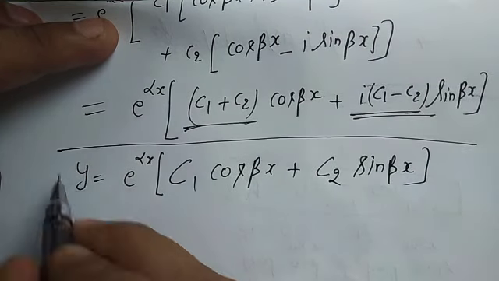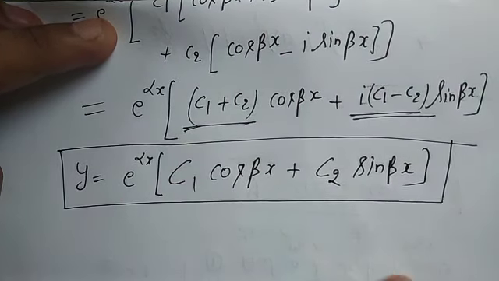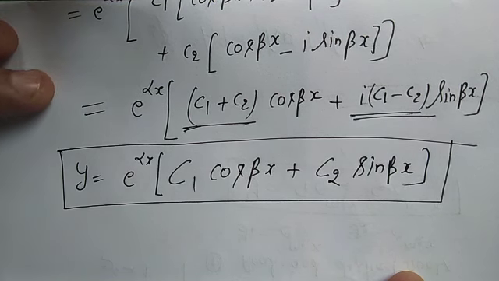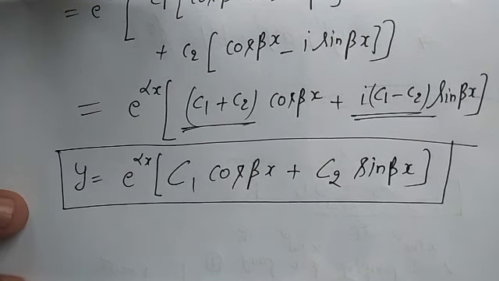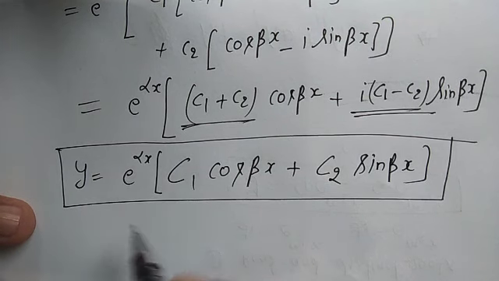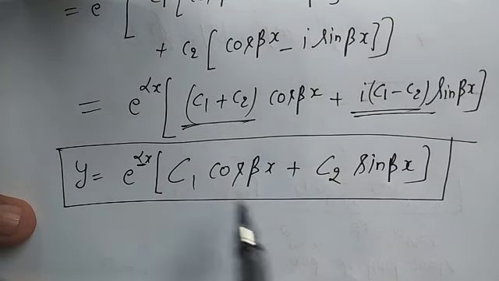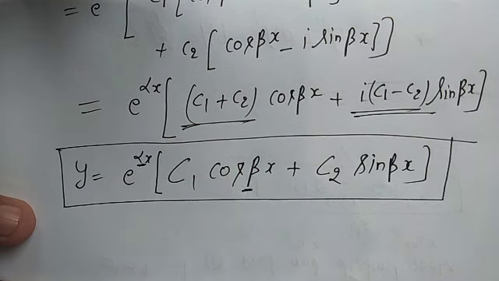So this is a solution of the differential equation with imaginary roots, where alpha is the real part and beta is the imaginary part of the root, and C1 and C2 are arbitrary constants. So we have seen the solution of the homogeneous second order ordinary differential equation with constant coefficients.